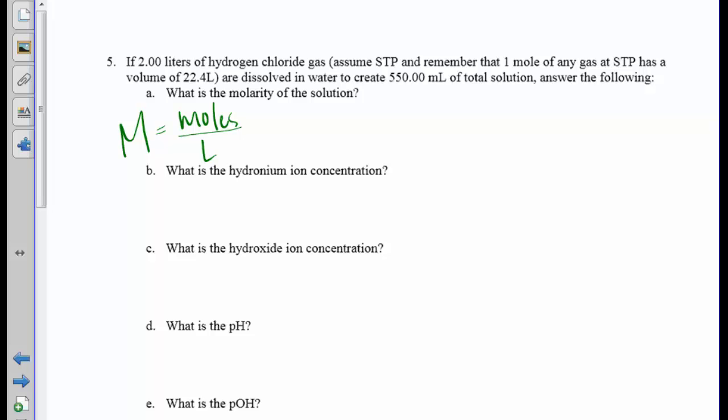So we have 2 liters of a gas being dissolved, and we know that at STP, 1 mole of any gas is 22.4 liters. So we can use that to convert liters of HCl to moles of HCl.